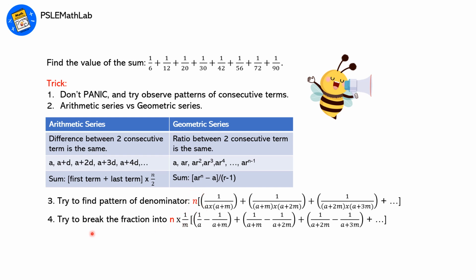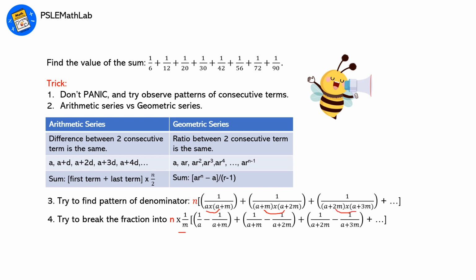Then we are going to use the pattern of the denominator to break it down, where we have n here times 1 divided by m. Why is there an m here? It's because the difference between these two terms is m, the difference between these two terms is m, the difference between these two terms is m.